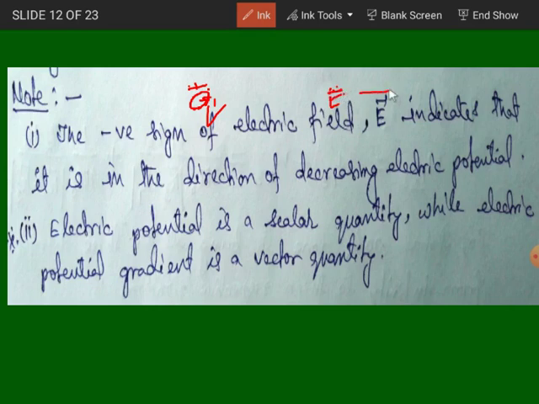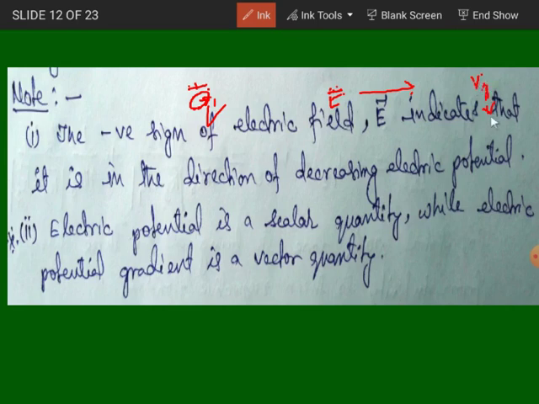E will be acting along this, right? And we know that electric potential, the further the distance, the electric potential will be less. V will be less here, right? Less means arrow down.